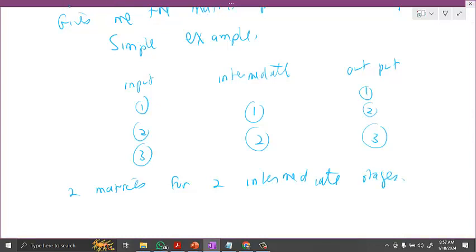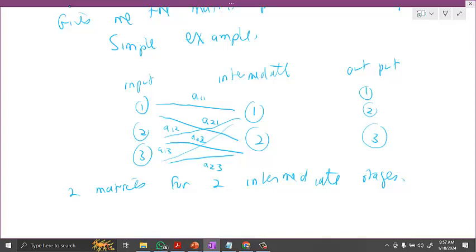So if I label this one as A11, this one is A21, this one is going to be A12, and then this is going to be A22, and then this is going to be A13, and then this is going to be A23.